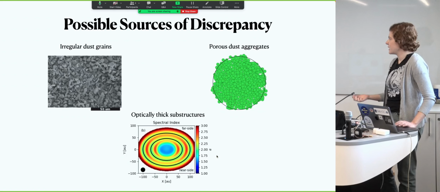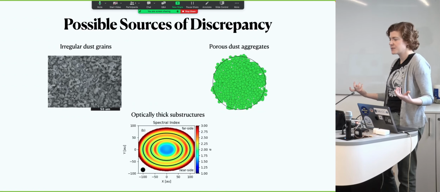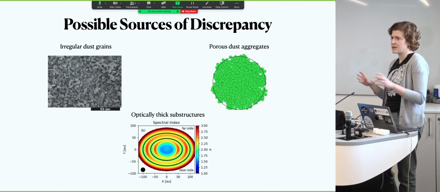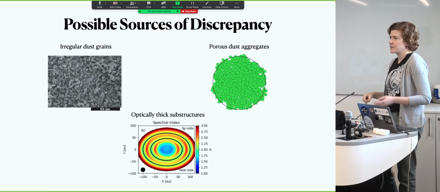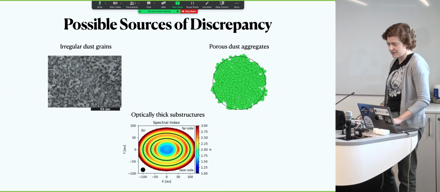Also, we know that disks aren't uniform. Many of them have rings and gaps. So if you have optically thick substructures like dust rings, that can also affect both the size estimates that you get from scattering and the size estimates that you would derive from SED observations.